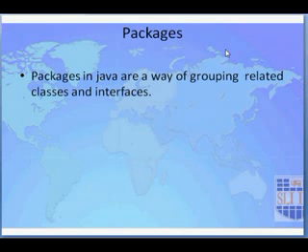Packages. Packages in Java are a way of grouping related classes and interfaces. Packages enable a group of classes to be available only if they are needed, and eliminate potential conflicts among class names in different groups of classes. By default, your Java class has access only to the classes in the java.lang package, which provides basic language features such as string handling.